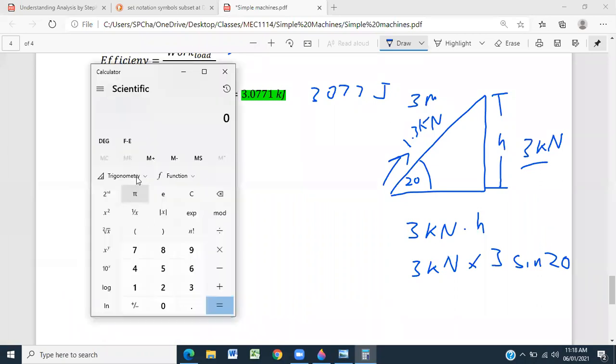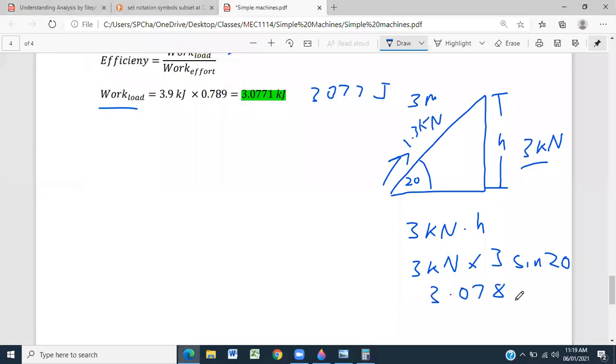Sine of 20 times 3 times 3. So this here gives you 3.078 kilonewton-meters.